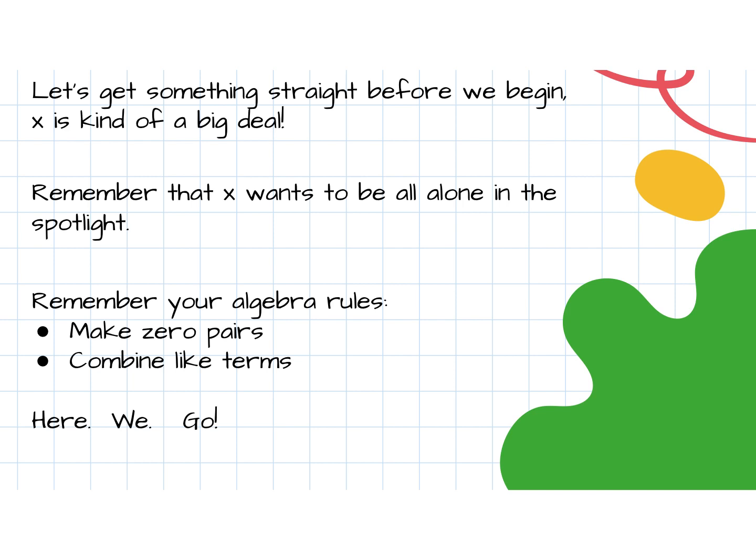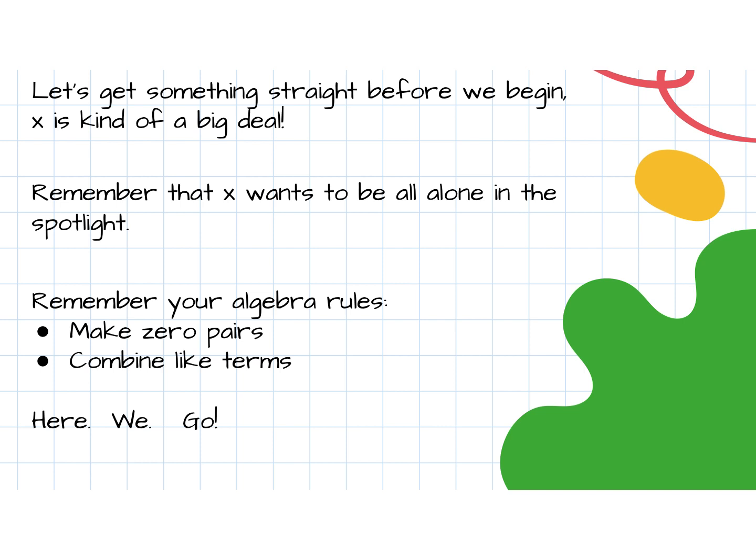Before we get into the actual problems, there's a couple of things that we need to remind ourselves of, and we talked about these last week when I was in school. So I wrote here, let's get something straight before we begin. X is kind of a big deal. Remember? X wants to be all alone in the spotlight. It likes to be front and center.